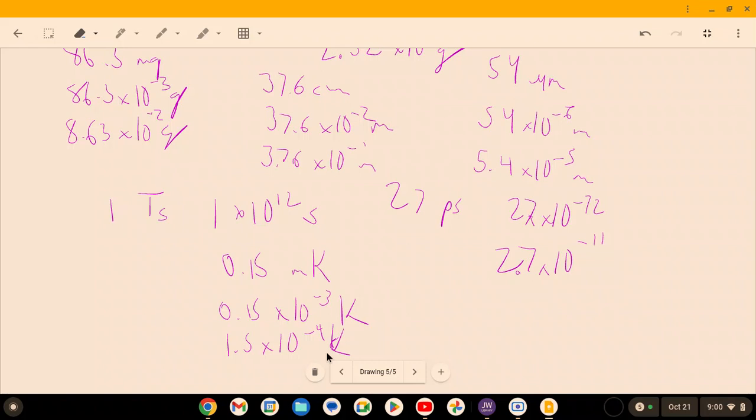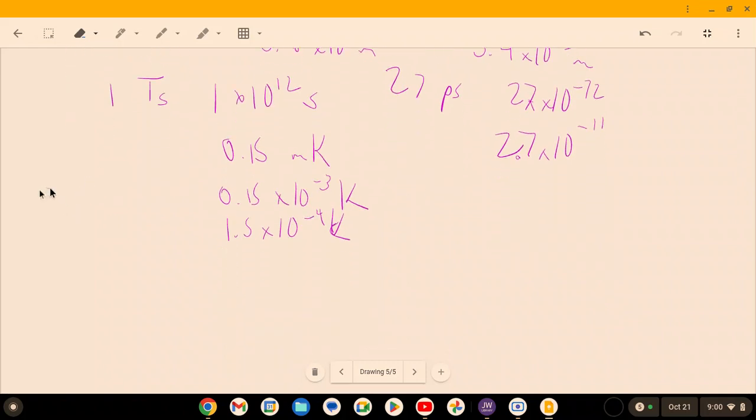Calculate the density of aluminum if 27.6 centimeters cubed has a mass of 74.6 grams. So density, mass over volume.